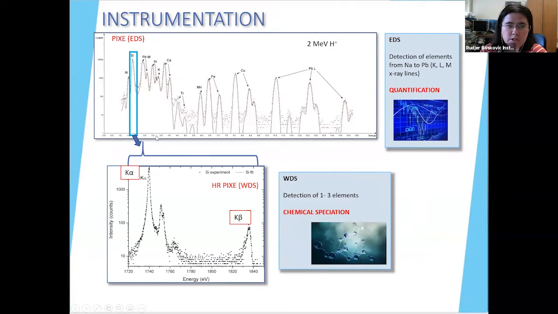But if you measure it with a wavelength dispersive system, which is a high resolution system, you can see that this line is actually a set of different lines. This is the diagram line, and these are all satellites, multiple ionization satellites. So with this method you detect only 1 to 3 elements, but you can perform chemical speciation, which you cannot perform with PIXE.